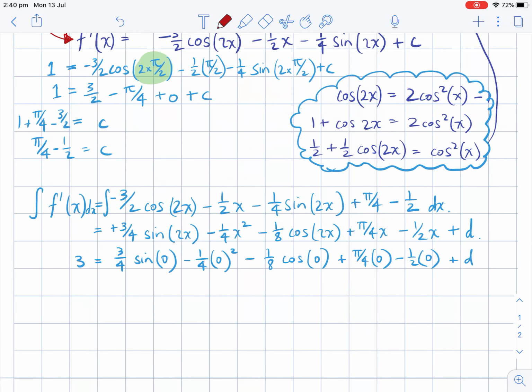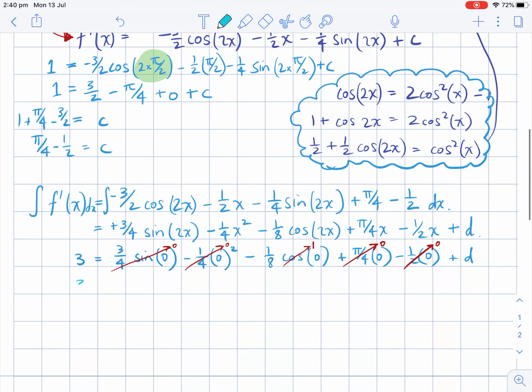Okay, so sine of 0 is 0, so that cancels out. 0 squared is 0, that part cancels out. Cos of 0 is equal to 1, so I'm going to have a value here. This one cancels out, and this one cancels out as well. So most things disappeared, and I end up with 3 equals negative 1/8 plus d. So then d equals 3 plus an eighth, which is 25 on 8.